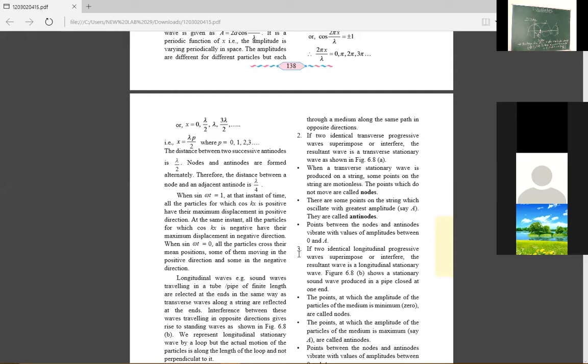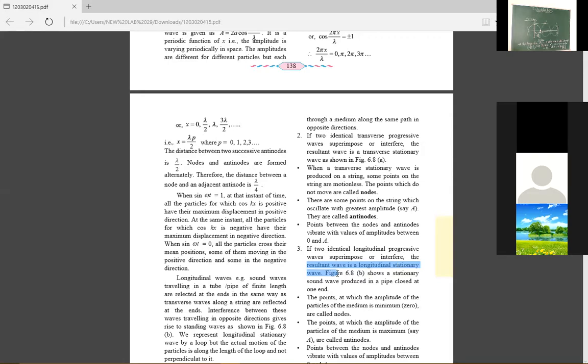Now next, let's see point number 3. As we have seen for transverse waves, similarly for longitudinal waves also. When two identical longitudinal progressive waves superimpose or interfere, the resultant wave is also a longitudinal stationary wave.